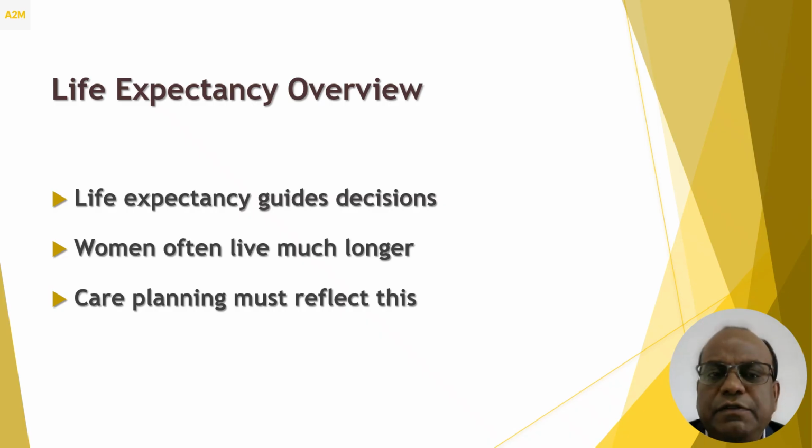Each person is different, and some 90-year-olds are strong and active. Some 70-year-olds may be weak or frail. So always look at the person, not just the number. Using life expectancy wisely helps us give care that is realistic, kind, and meaningful.